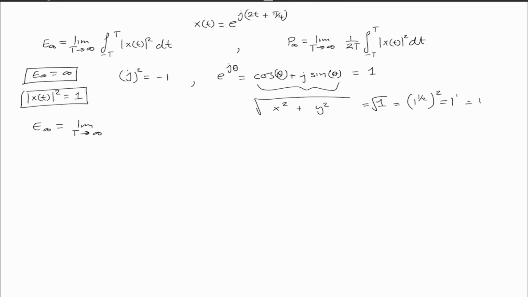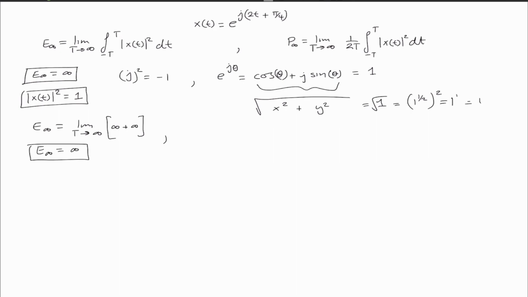That's going to be positive infinity minus negative infinity, which is plus infinity, and that's going to equal infinity. So thus the energy is equal to infinity.